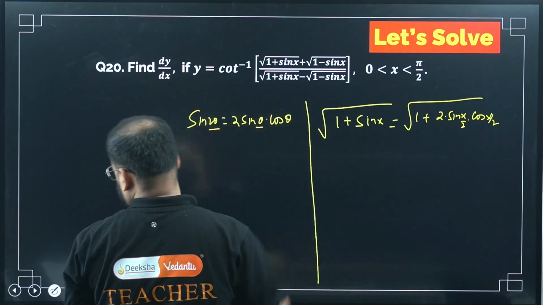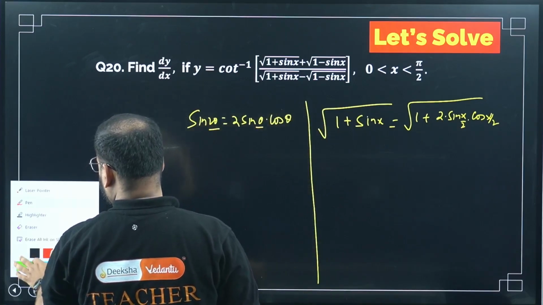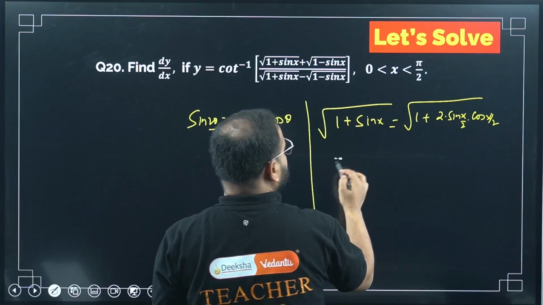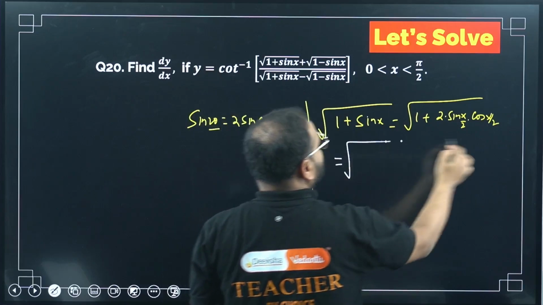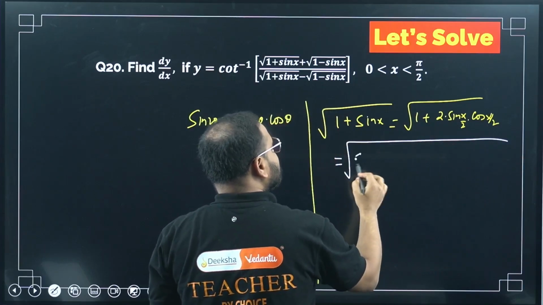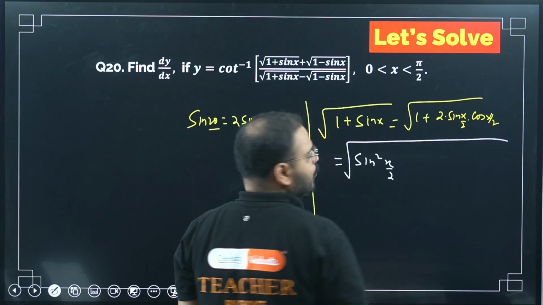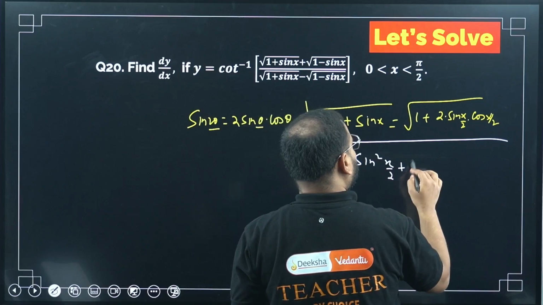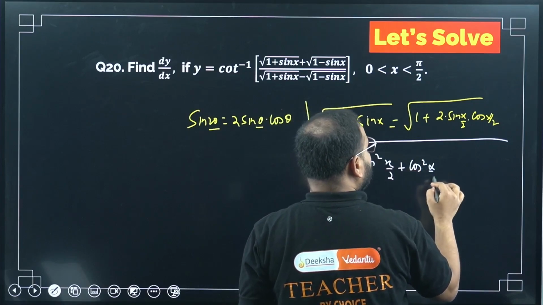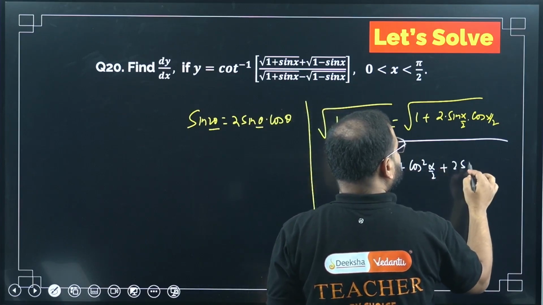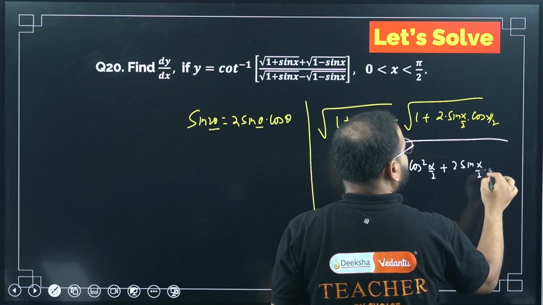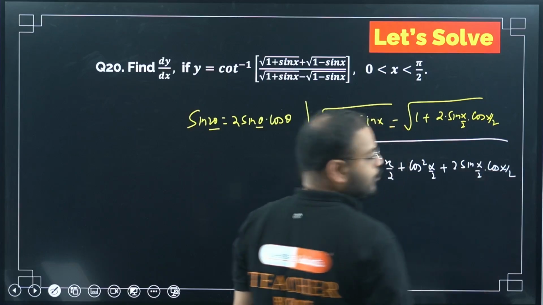Okay, moving on. Please check now what this will transform into. I can write one more step, and I can write 1 as sin square x by 2 plus cos square x by 2, plus 2 sin x by 2 times cos x by 2. Yes or no?